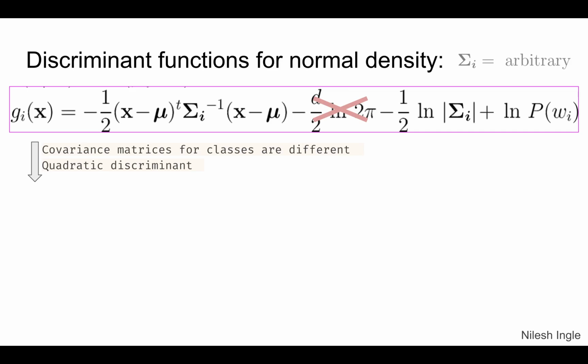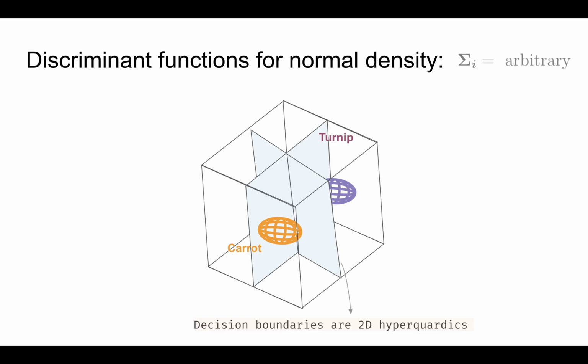Here I have just one simple example where we have two intersecting planes that separate the two hyperspheres, orange for carrot and purple for turnip. If you check out the book, there are some much more involved shapes, and so with the quadratic function, we have that additional flexibility to classify a more complicated data set.